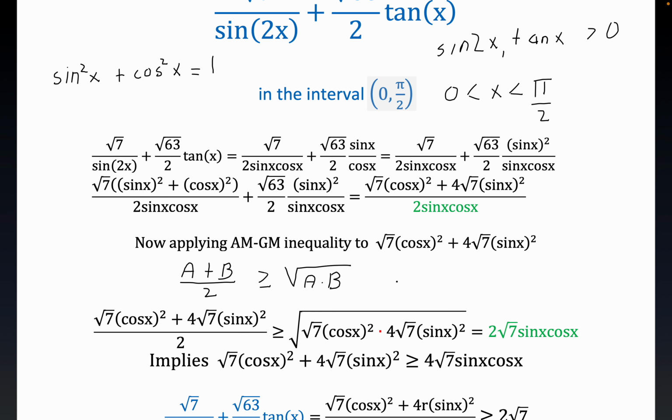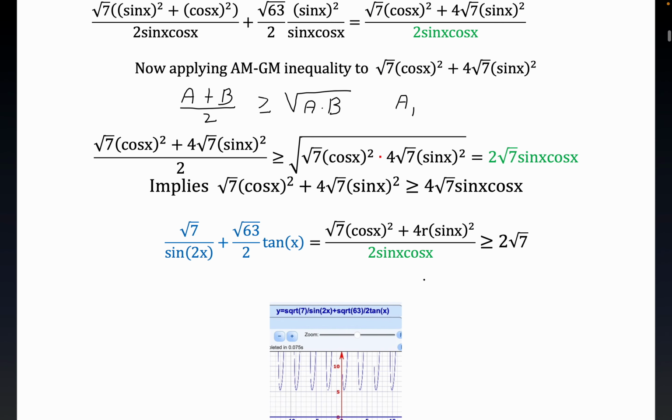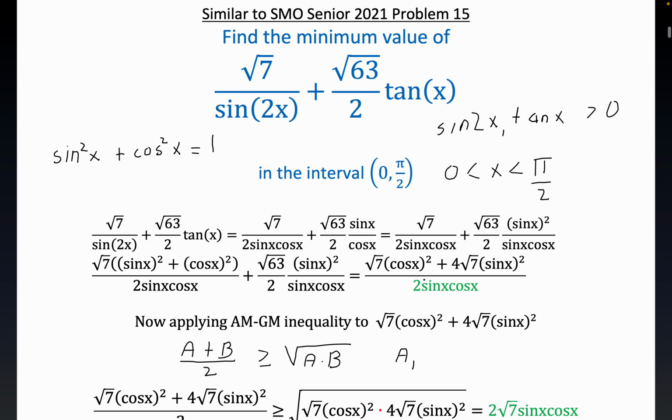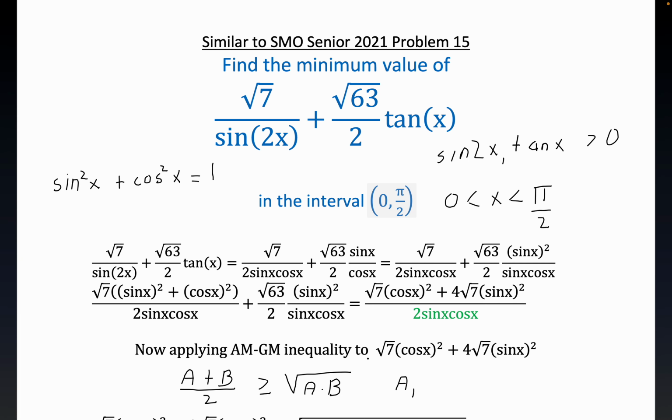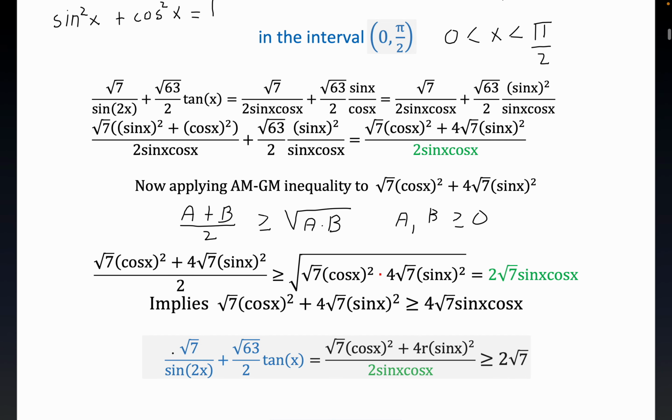Again, I will emphasize that for this inequality to work, we have to have both a and b non-negative, greater than or equal to 0. I've shown most of the work so you won't have to watch me write it all down. This is the application of the AM-GM inequality to our statement up here.